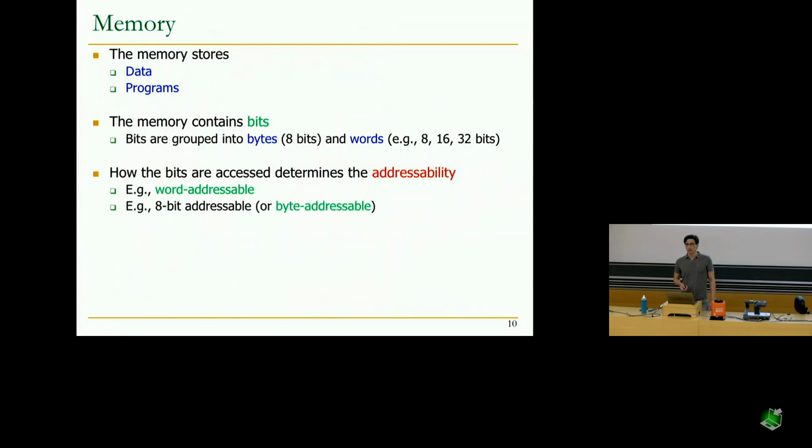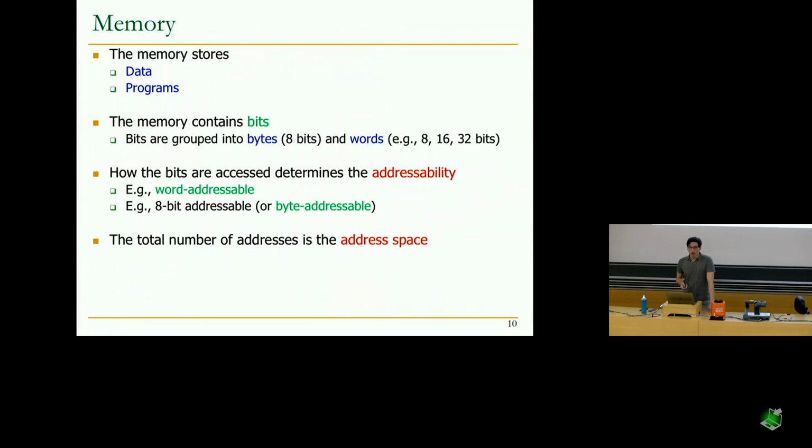Otherwise, if what we access is a byte, we will say that it is byte addressable. So with one particular address, we are going to be able to access 1 word in a word addressable memory or 1 byte in a byte addressable memory.